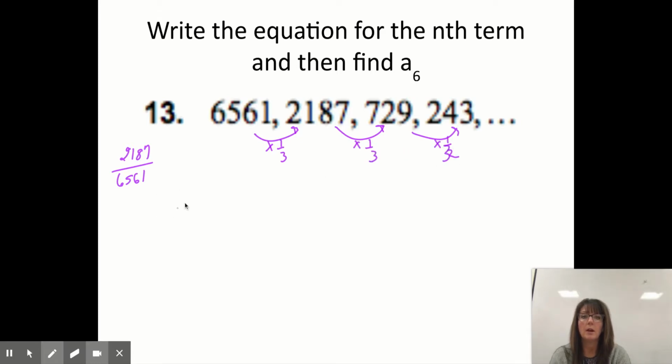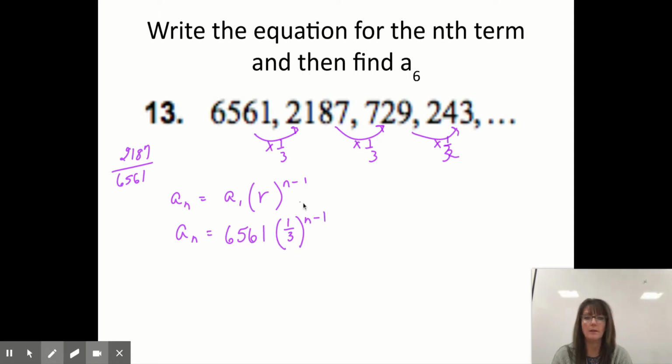All right. So a sub n is equal to a sub 1 times this r, right? The ratio, n minus 1. So a sub n is equal to 6,561 times 1/3 to the n minus 1. And there is our equation.